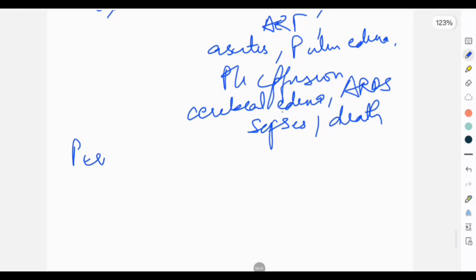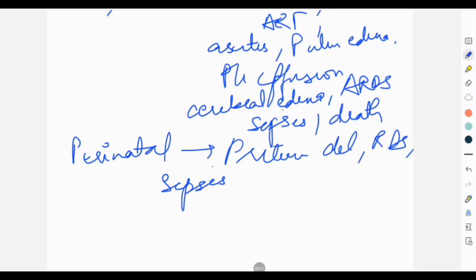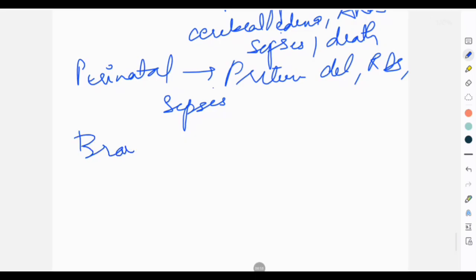Then perinatal: preterm delivery, RDS, respiratory distress syndrome, sepsis. Then in the brain, there is PRES, which is most commonly seen in cases of preeclampsia, which is posterior reversible encephalopathy syndrome.